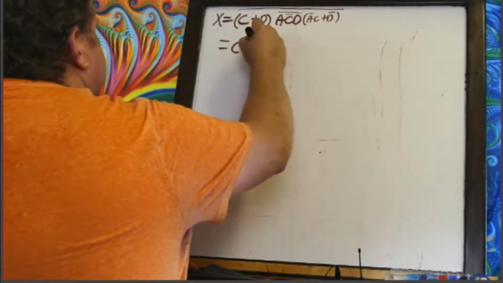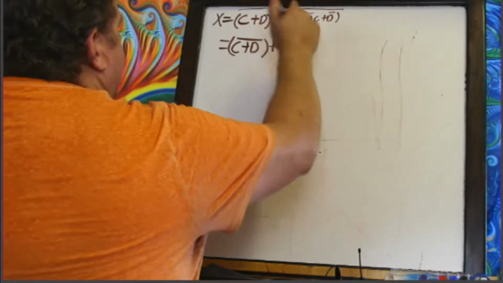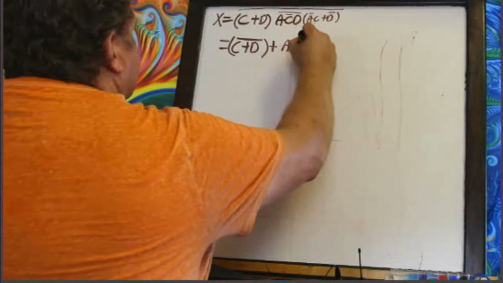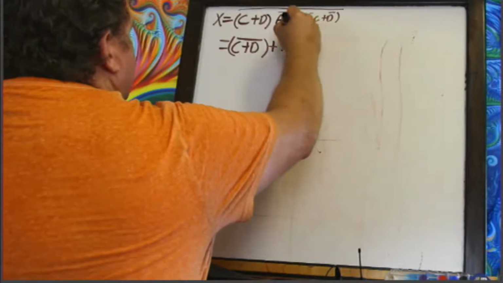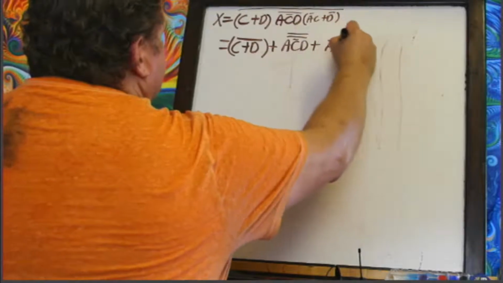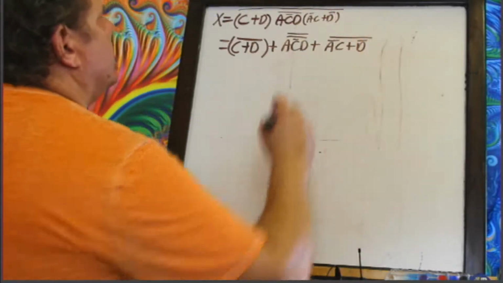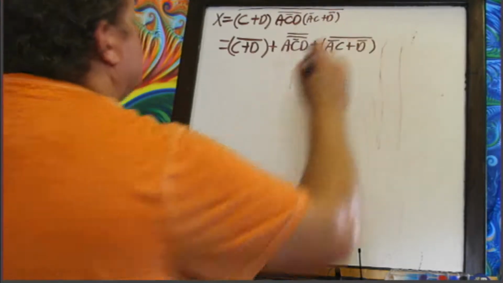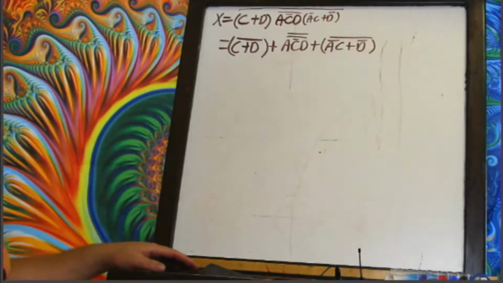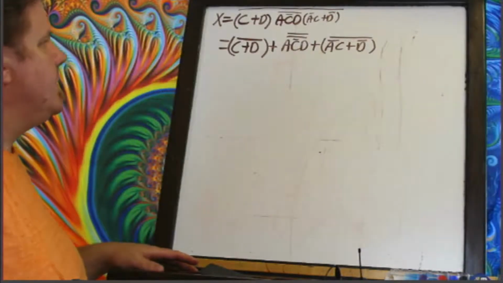So C plus D, the whole thing is now knotted, plus, now that thing's going to get double barred. So C bar bar plus that whole thing gets barred. Right? So I just did the DeMorgan's over the top.